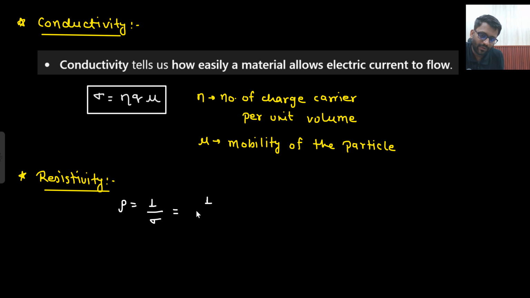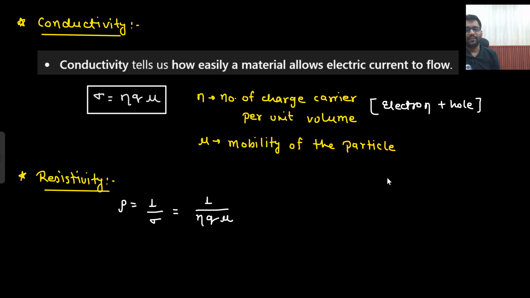So that would be 1 upon n q mu, where n is the charge carrier, it could be electron or hole. If I am saying or, that means I will use the plus sign. And mobility, it could be electron or hole, right? So n q mu you need to remember, and resistivity is just the reciprocal of the conductivity.